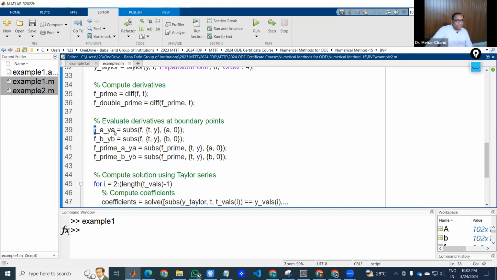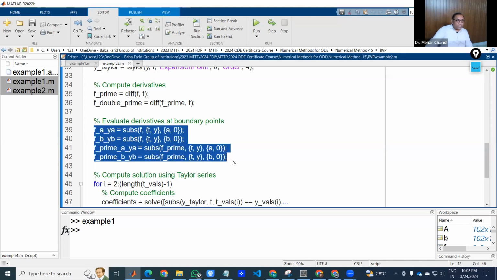So this is f(a), y(a), the left boundary point of the function. This is the right boundary point, and this is the first order derivative at the left boundary point, and this is the first order derivative at the right boundary point.